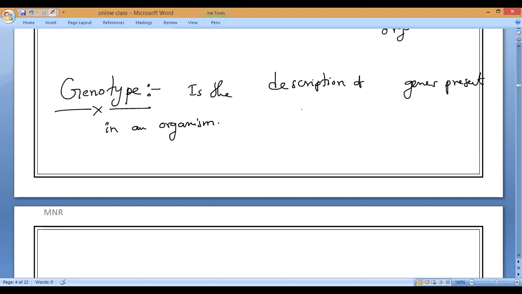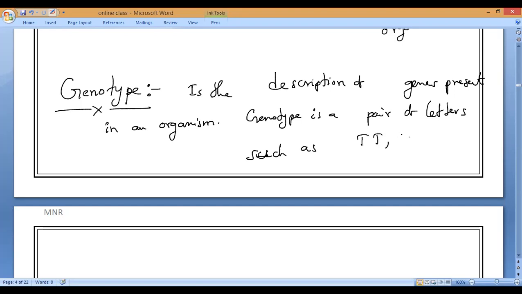Genotype is always a pair of letters, such as capital T, small t, or small t, small t. Example, a pair of letters, always a pair of letters.